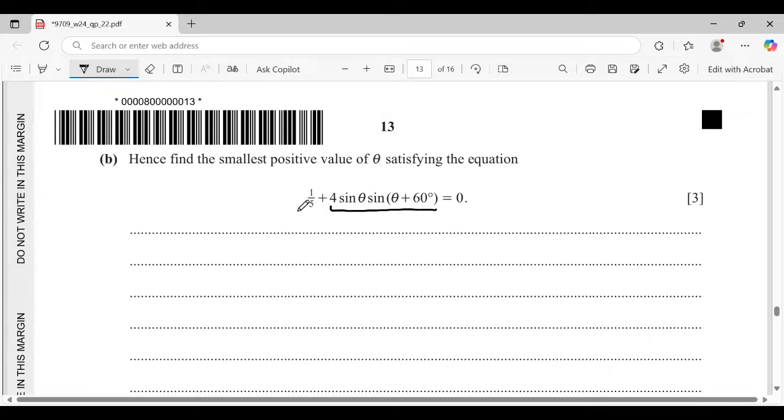So I would write this equation as 1/5 plus 1 plus 2 sine 2 theta minus 30 equals 0, based on part A.